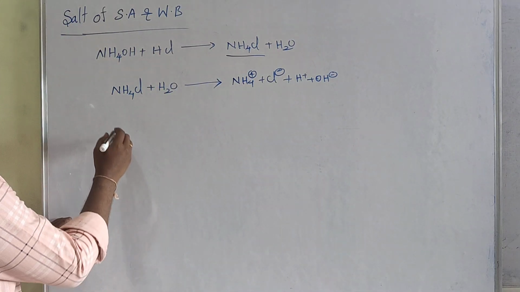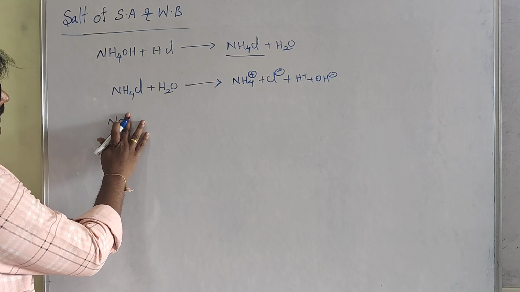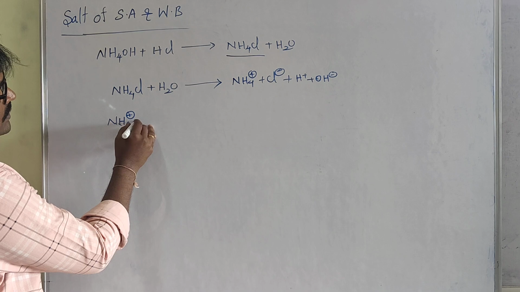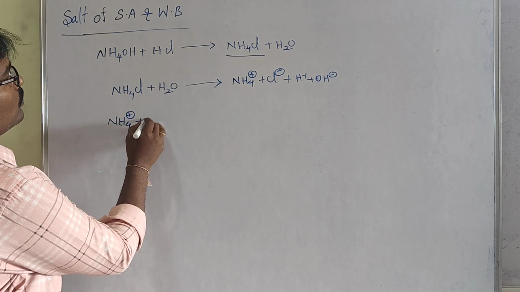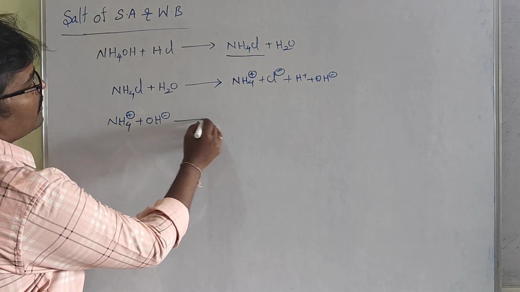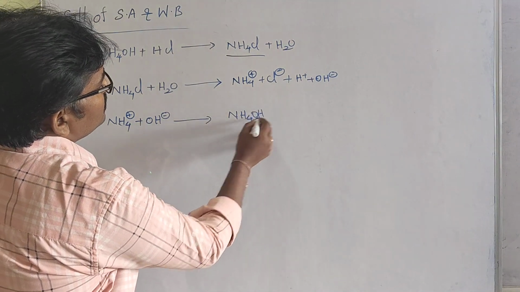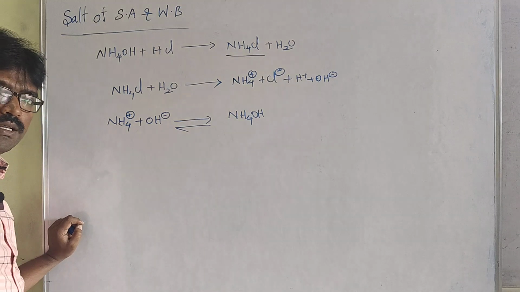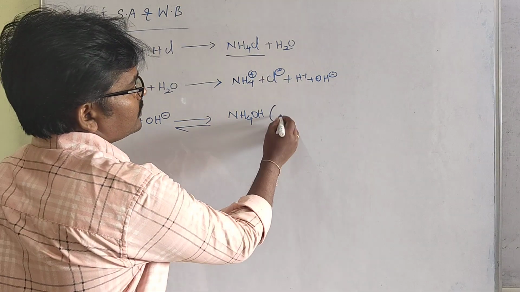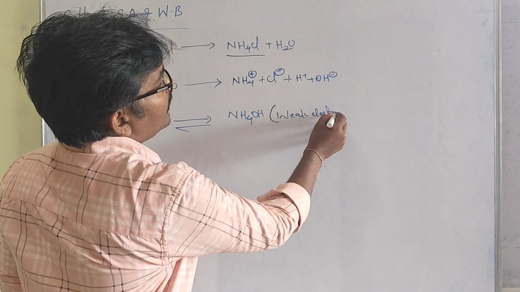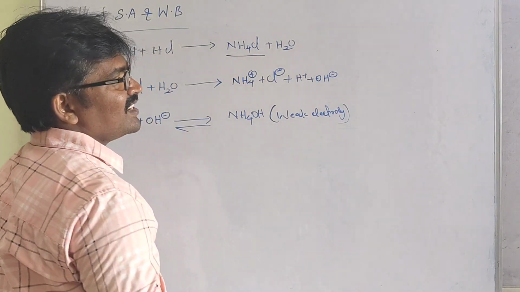First the cation we are taking, that is NH4 plus. When it reacts with OH minus ions, it is going to form NH4OH. So listen, my dear students, here it is a weak electrolyte. When it is a weak electrolyte, I told you, it is going to combine always, not dissociate.